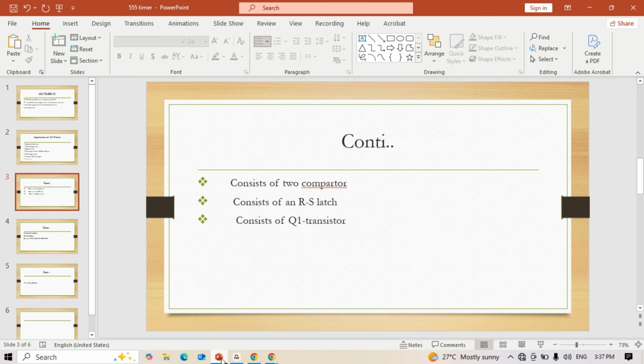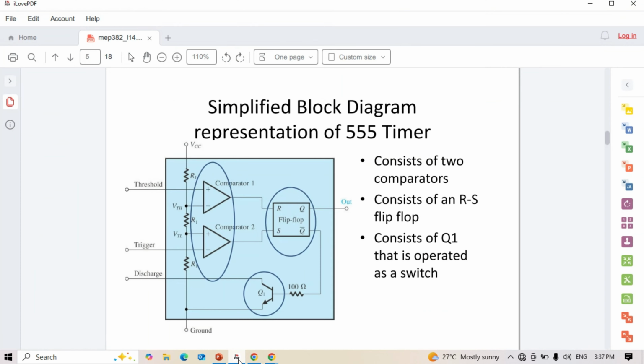So what is inside the 555 timer, right? You can see from this simplified block diagram that the 555 timer has two comparators, comparator one and two here, and it also has an SR latch, and it consists of a discharging transistor here.